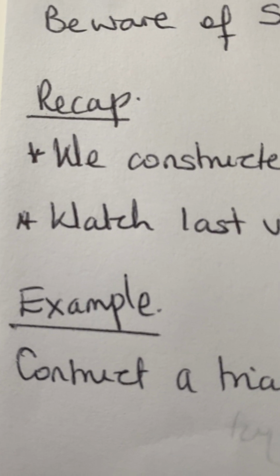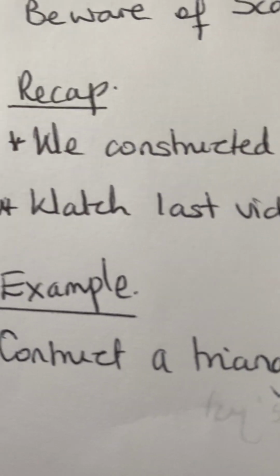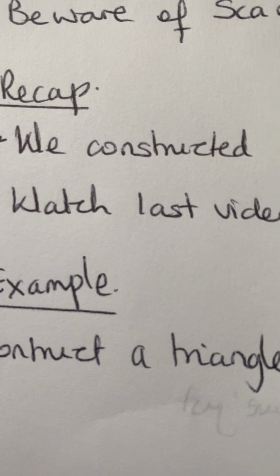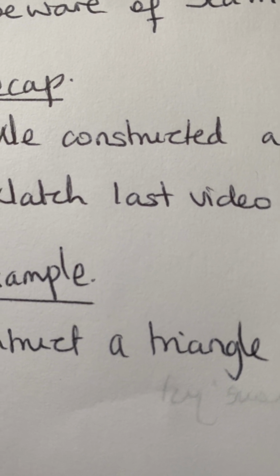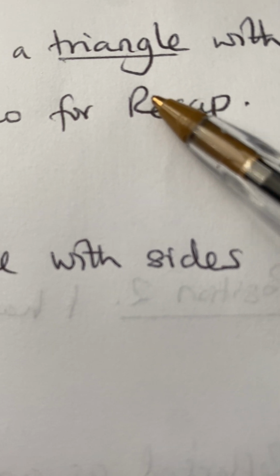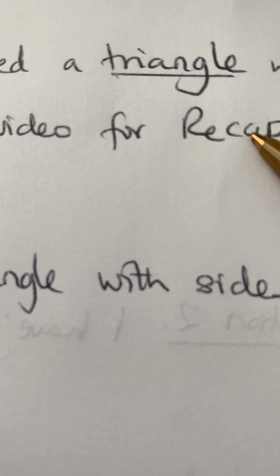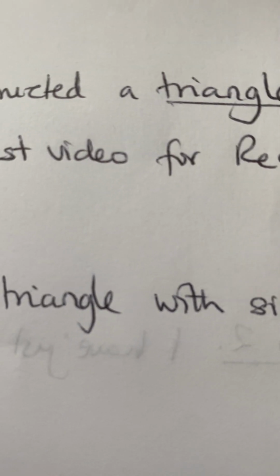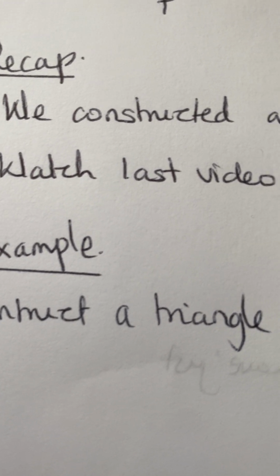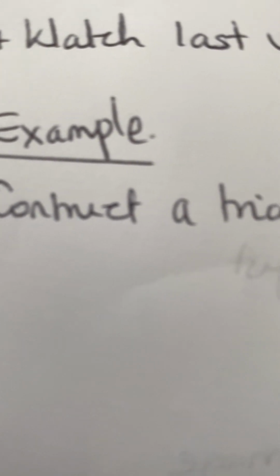Thank you very much. In our recap, last lesson we've been constructing triangles, assuming you've been given 3 sides, no angle, and you are asked to draw a triangle. How do you go about it? Please watch the last video for your recap, but I've brought an example here.